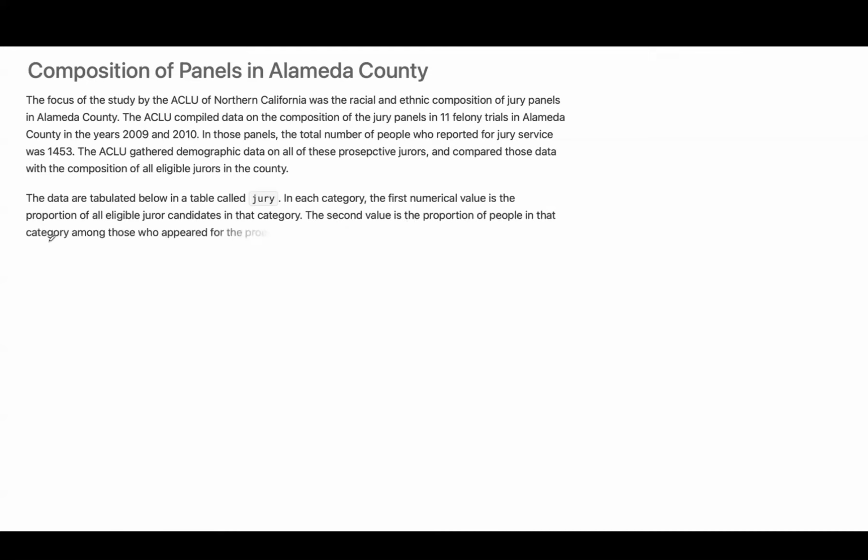The data are tabulated below in a table called jury. In each category, the first numerical value is the proportion of all eligible jury candidates in the category. The second value is the proportion of people in the category among those who appeared for the process of selection in the jury.